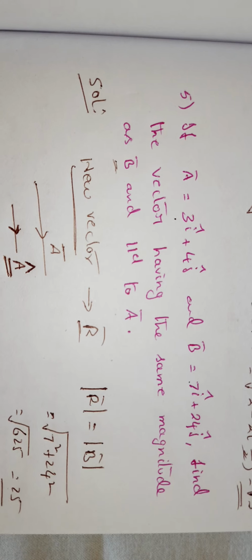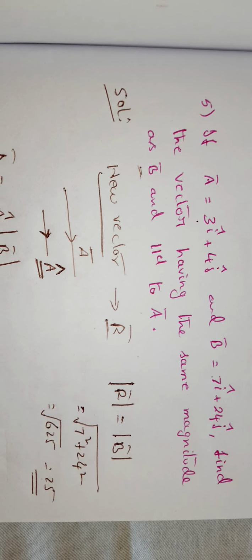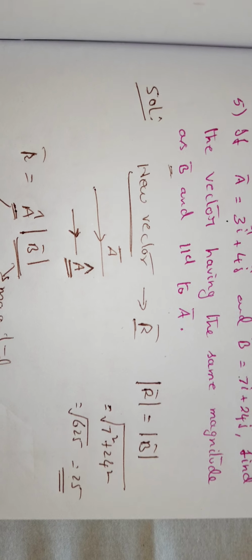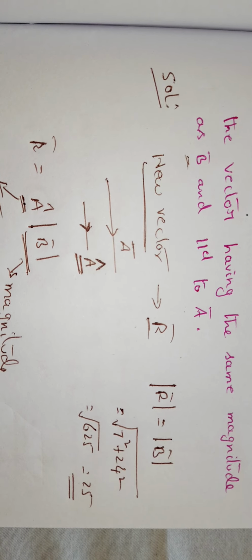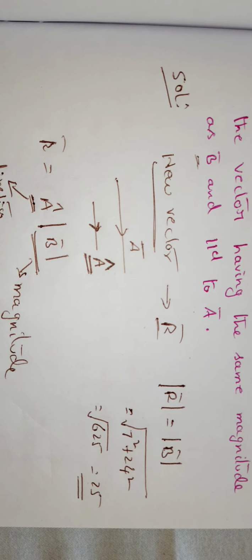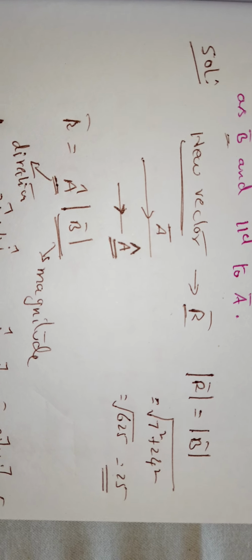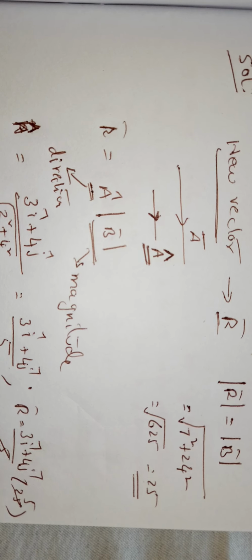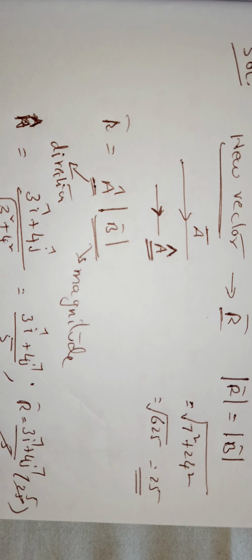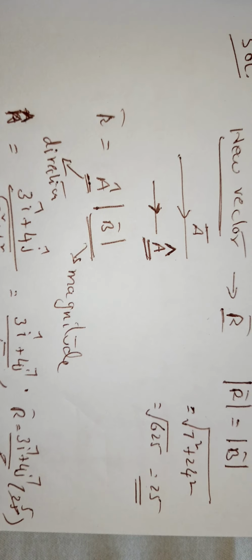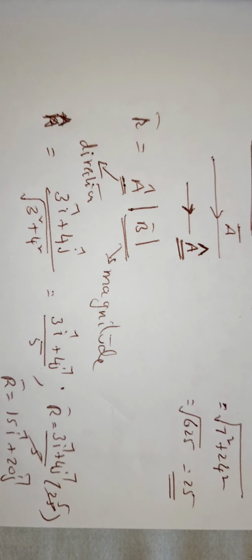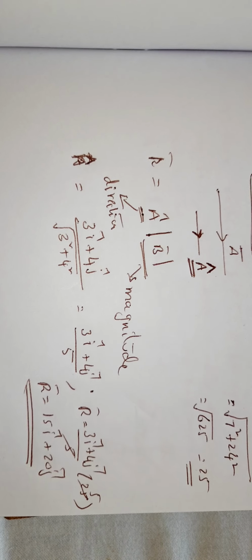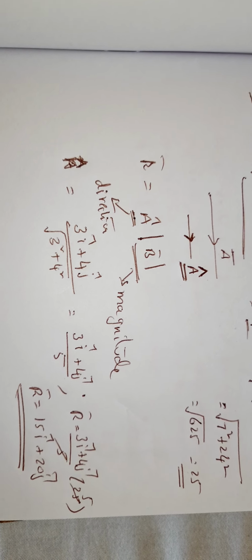What we did was find a new vector, with the magnitude of B bar and the direction parallel to A bar. We found the magnitude of B bar first, and then the unit vector along A bar, that is A cap. Multiplying both, we got the new vector. So pause for a moment and note it down.